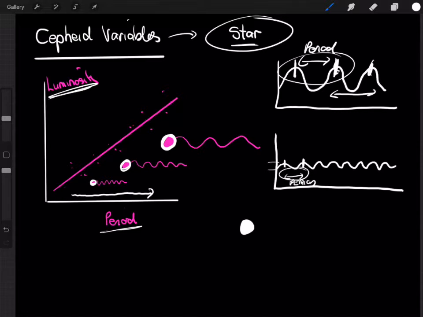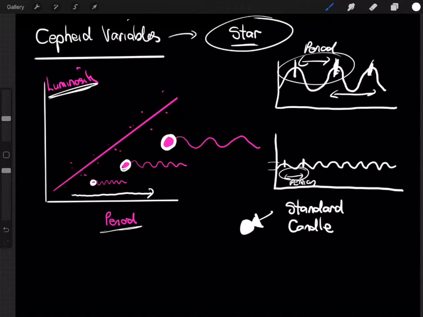So it allowed scientists to identify specific stars out in galaxies whose brightness they knew, how much energy they were producing. These stars are often referred to as standard candles.